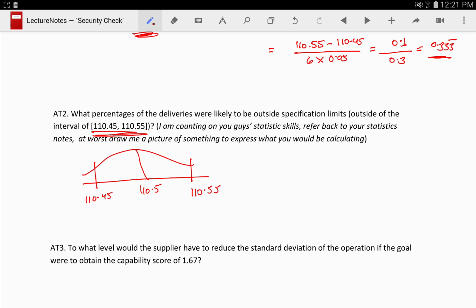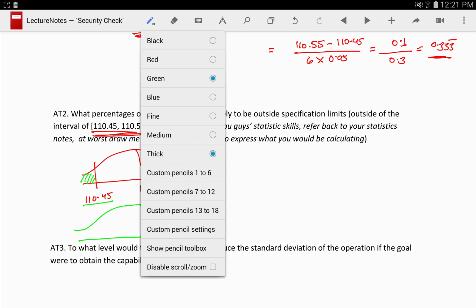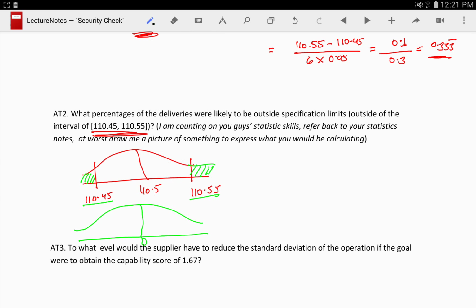The question wants to know what percentage of the product is outside the limit, which means left of this and right of this. The technique is to compare this against a standard normal. Standard normal has a mean of 0, and you have to find the equivalence of 110.55, find the equivalence of 110.45, and find what is right of this and what is left of this. Add them all, and you'll find it.